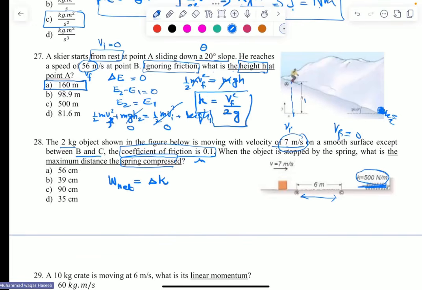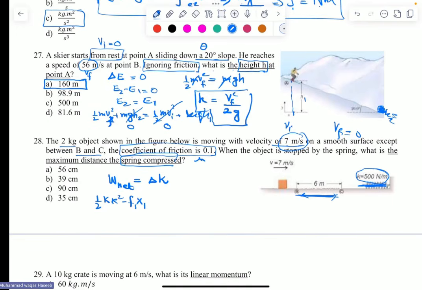So the energy stored is 1/2 k x squared, and the work done due to friction is the friction force times the distance x1, and then the change in kinetic energy.